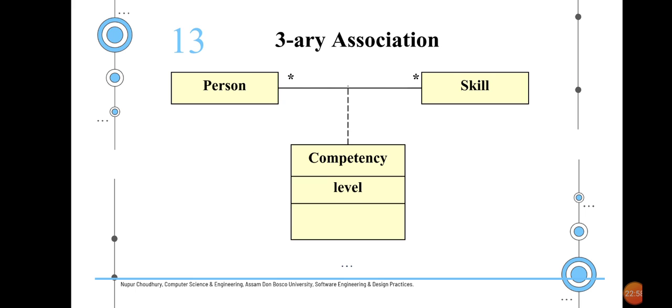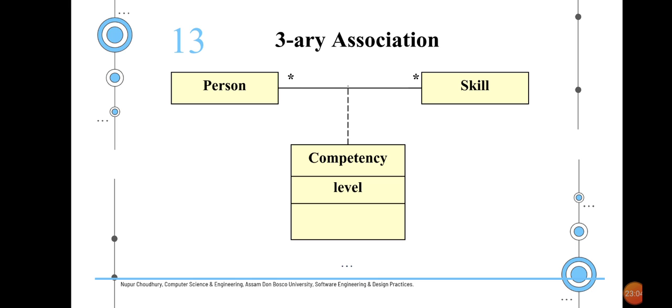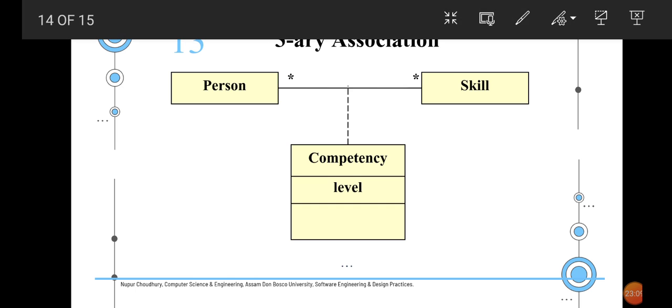The previous one was basically a binary association. If we are looking at n-ary association, there are three different classes communicating with each other, which are person, skill and competency. This relates three different classes interacting with each other, and it will have many to many multiplicity, so many persons will have many skills.